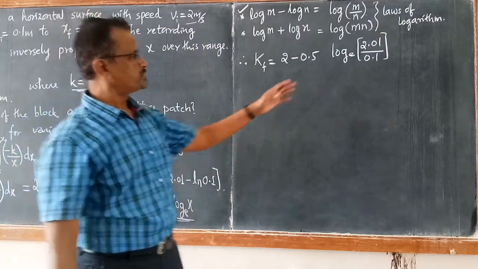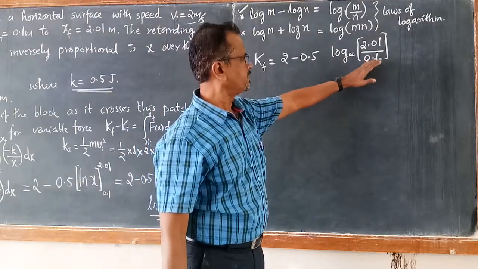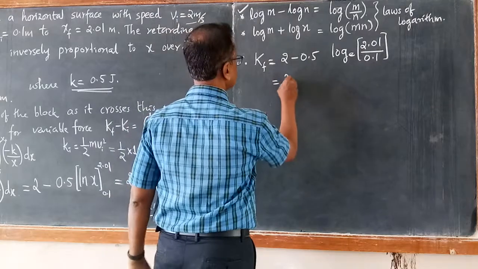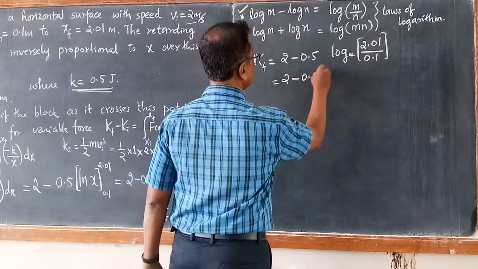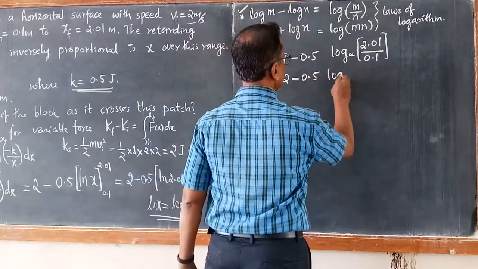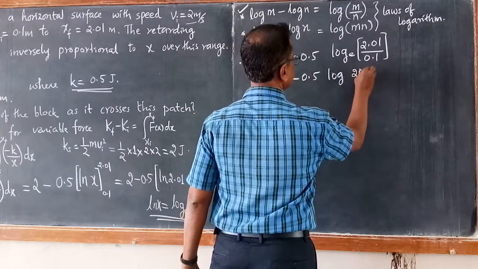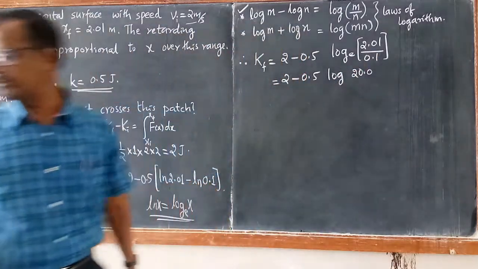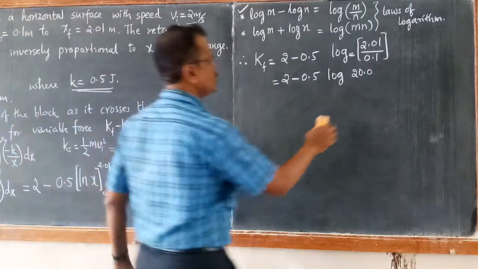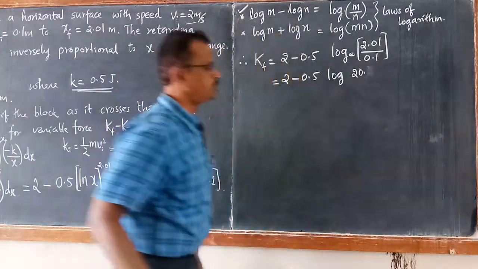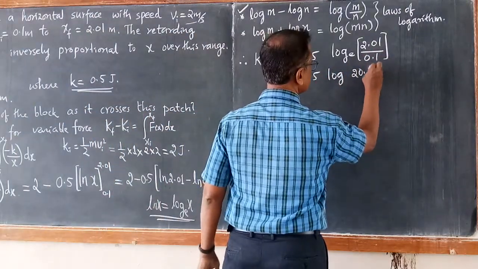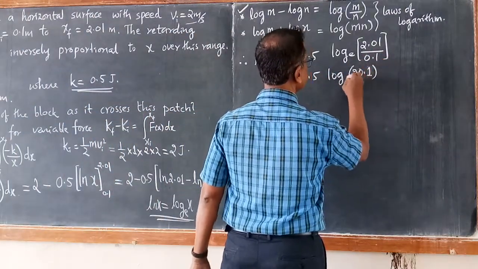Now simplify this. 1 by 10, 10 goes to the numerator, so it becomes 20.1. So 2 minus 0.5 into log 20.1. By shifting the decimal, it becomes log 20.1 to the base e.